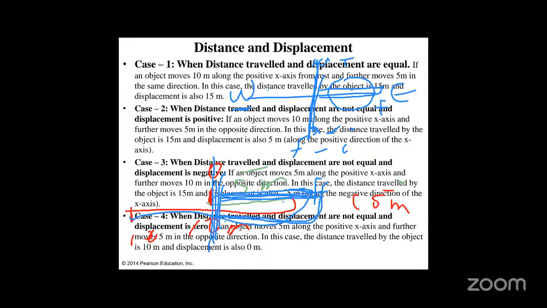So my displacement will be, the difference will be minus 5, because from this center to this point is 5, and the 5 is in the minus axis. So we are going to have minus 5 as our displacement.